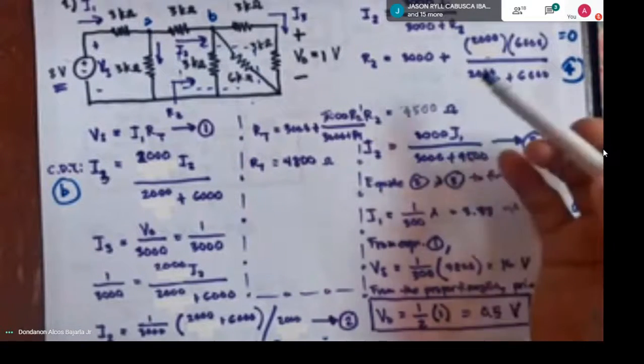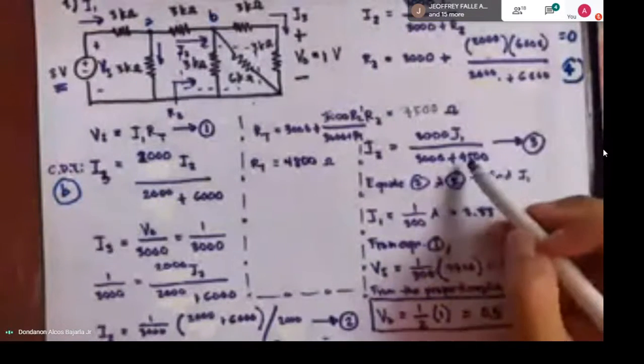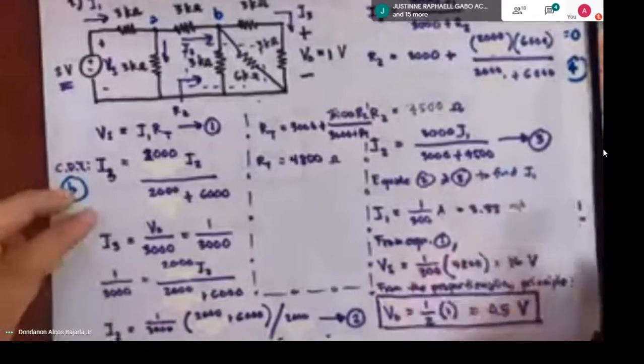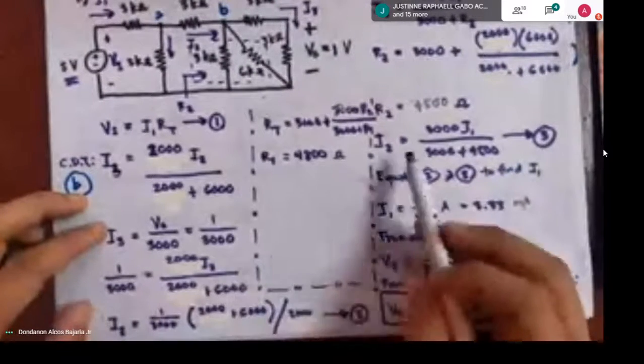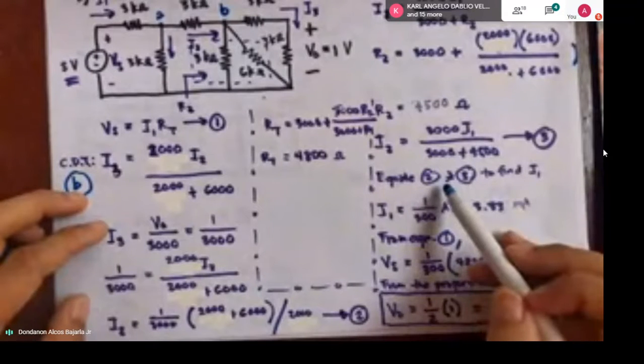Knowing R sub 2, we insert that in this equation, so we get 3000 I sub 1 all over 3000 plus 4500. Now we can equate equations 3 and 2 to solve for I sub 1.